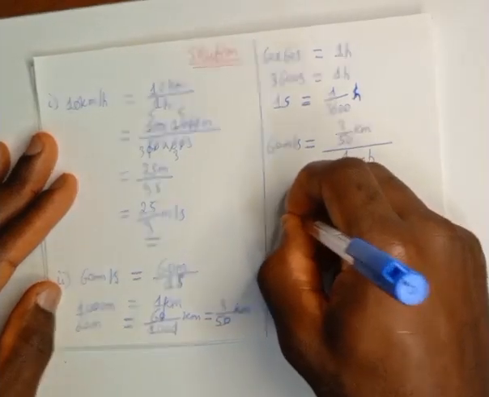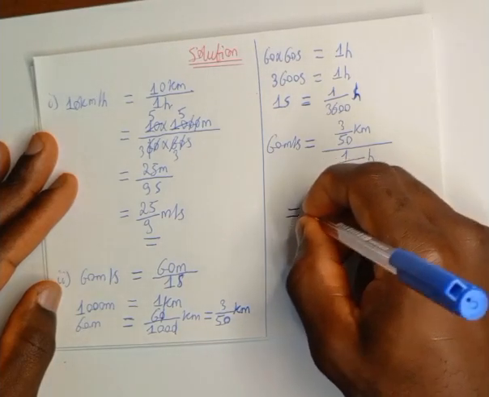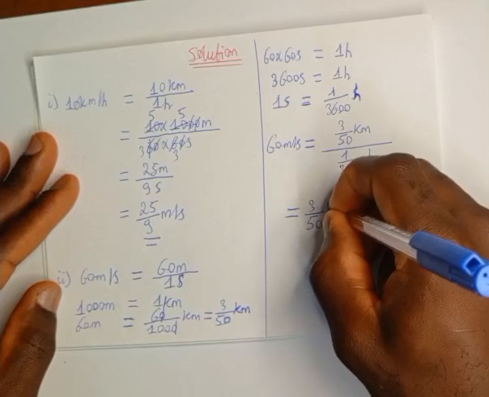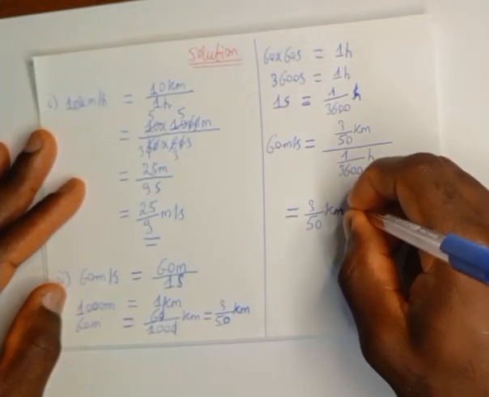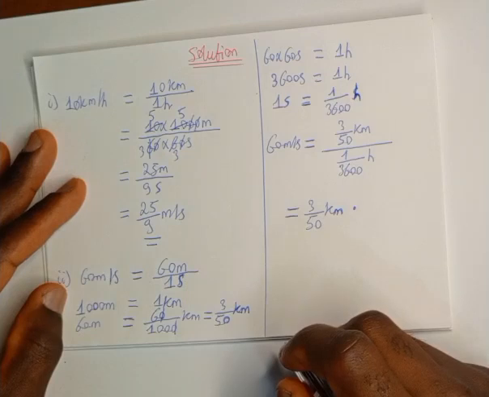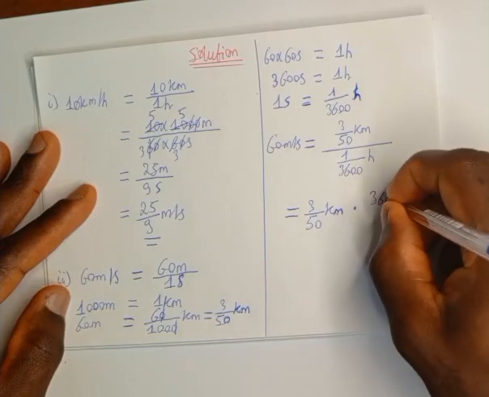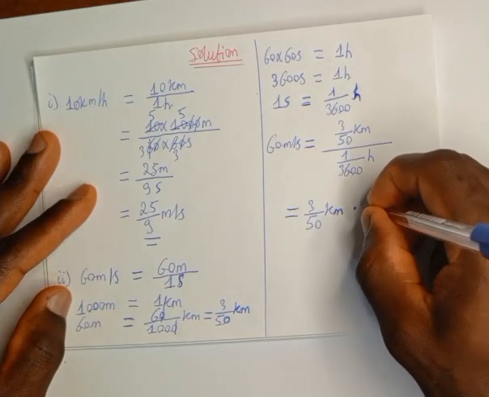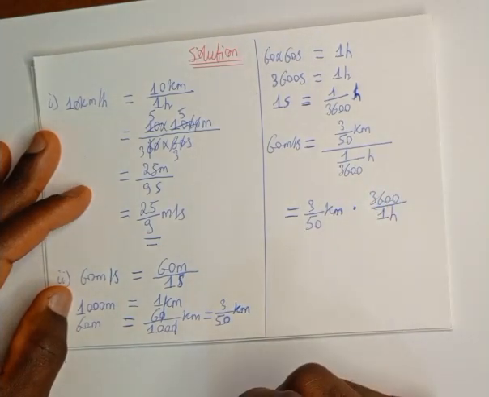This will simply be equal to, we are dividing two fractions. This will give us 3 over 50 kilometers times, we are going to invert the second fraction, 3600 goes up all over 1 hour as such.